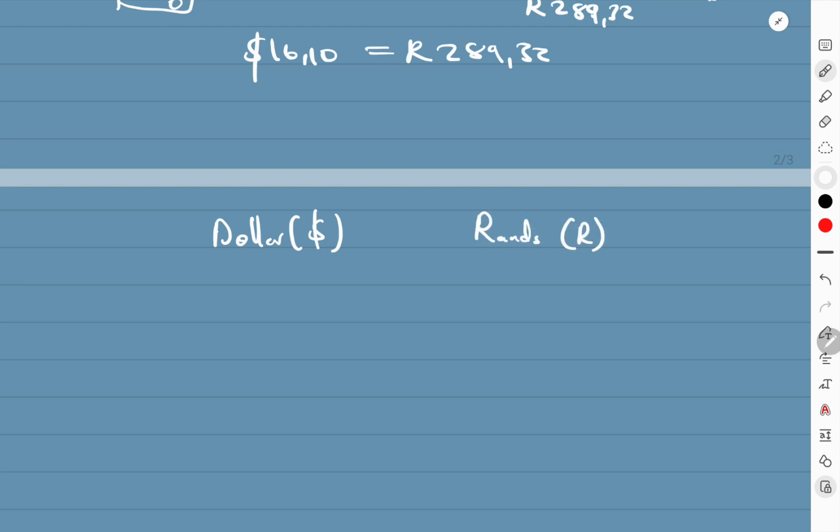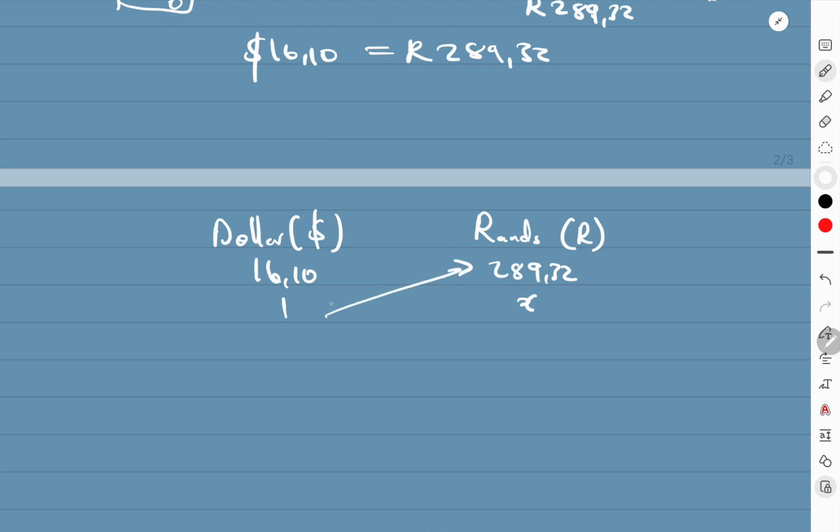I know that $16.10 gave me a calculator with its delivery, but in South Africa I paid 289.32. That means 16.10 is the same as 289.32 rands. But $1 is the same as how many rands? That is why I put 1 on the dollar part and X on the rands part.